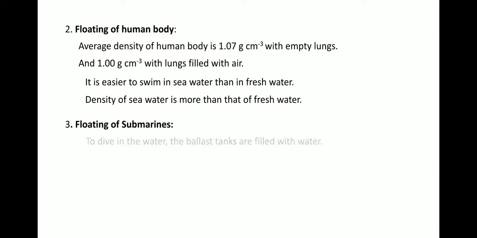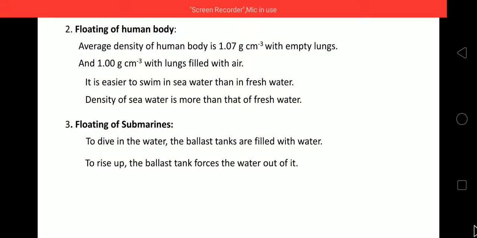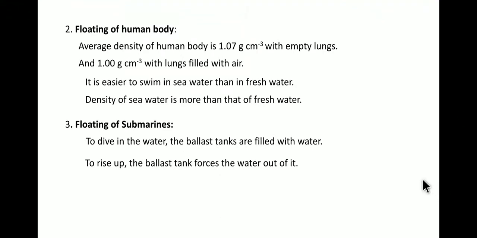So in order to dive, the ballast tanks are filled with water, and when they need to rise up, the ballast tanks force the water out, and their density will be less and they will rise up. This is the simple floating technique that submarines use, and this technique has been learned from some of the sea creatures, some of the sea animals.